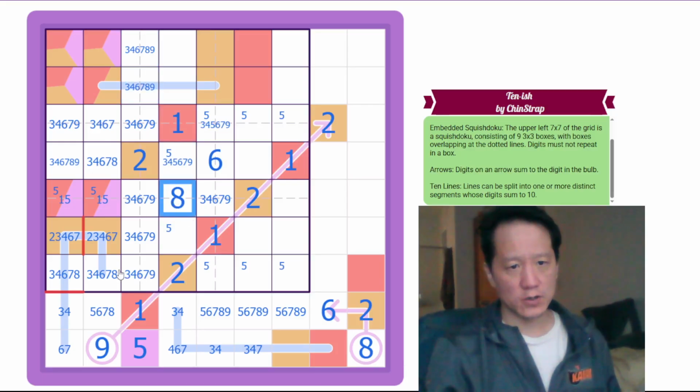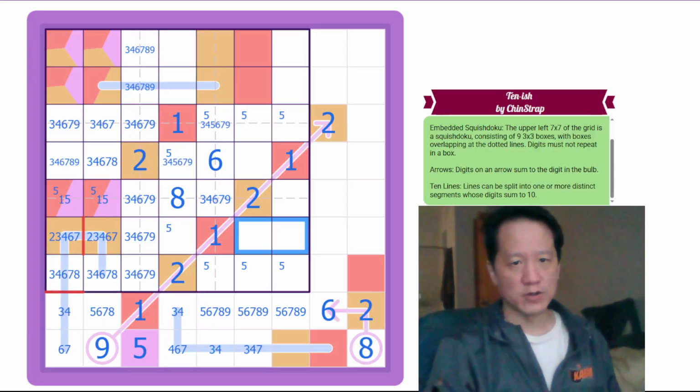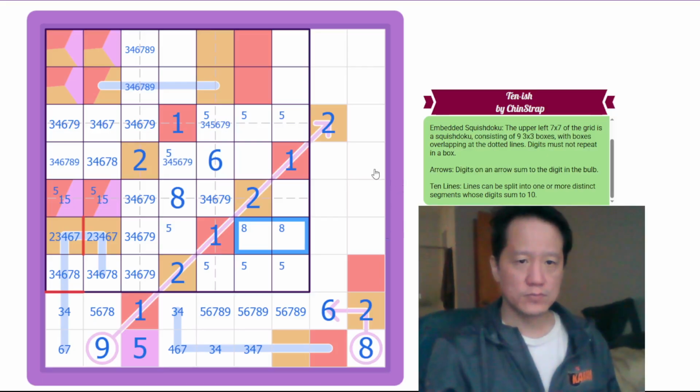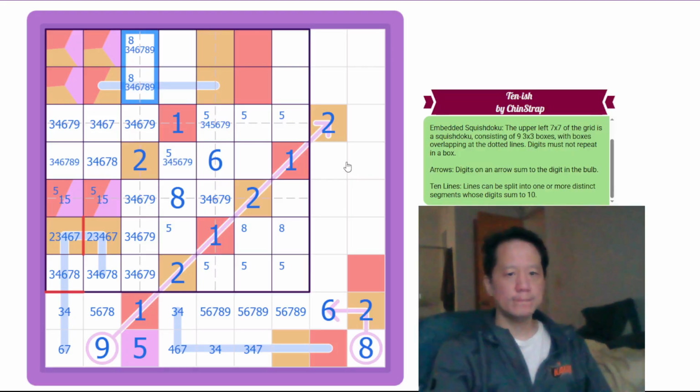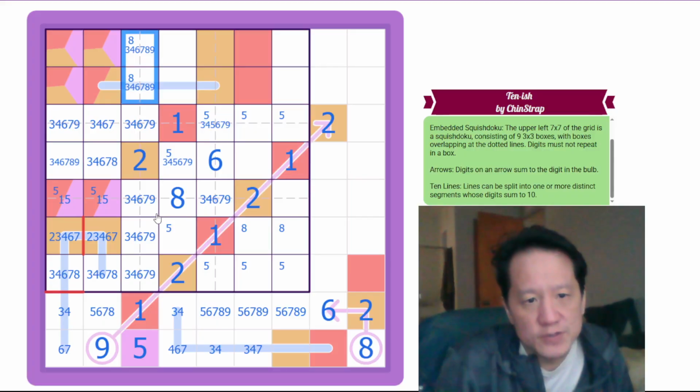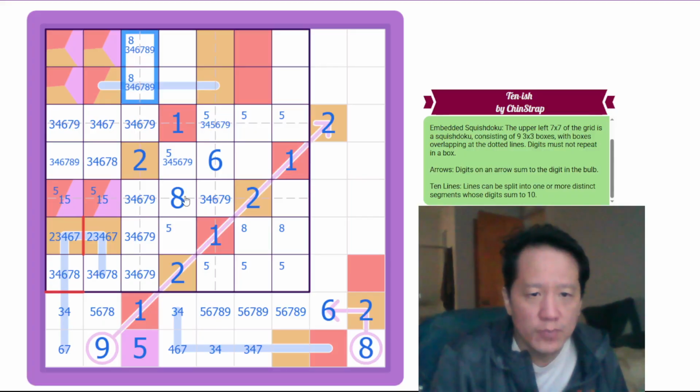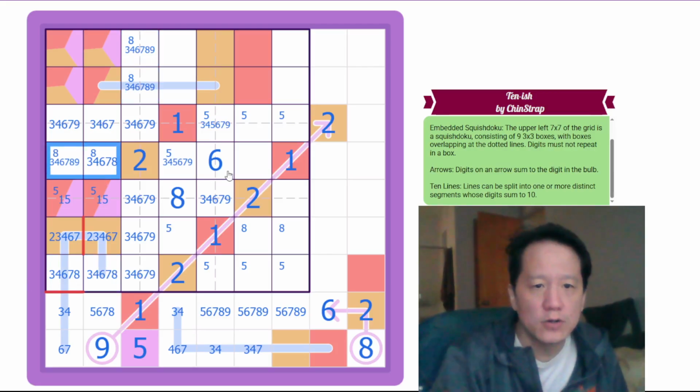We'd have 8 here. You'd have to have 8 here. So that means 8 would have to be one of these two. So you'd have 8 here, 8 here. That seems feasible. We have an 8 here, an 8 here, an 8 here.